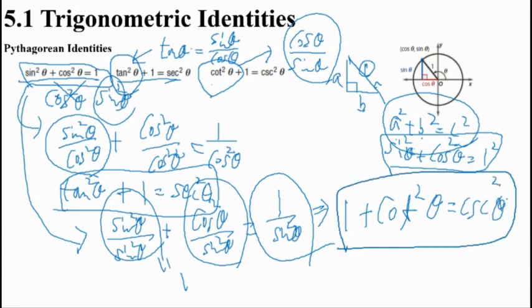Something like that. Okay, so this one we call the Pythagorean identity. We should memorize or understand it.